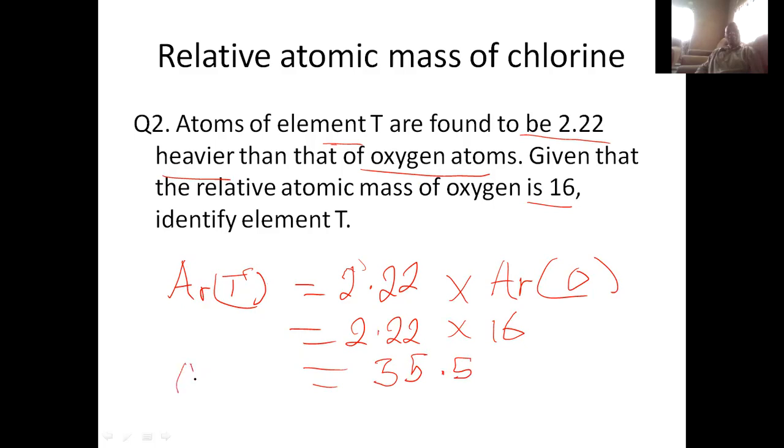So this is the relative atomic mass of this element T.